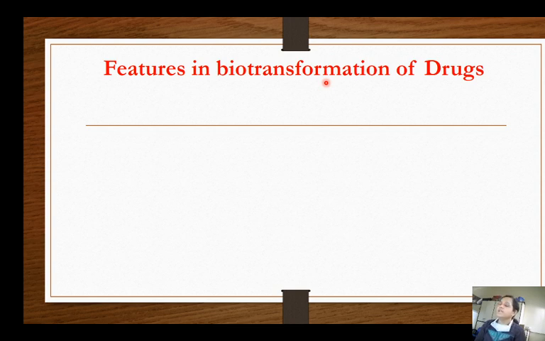Along with that, we have food containing pesticides, food grown under inorganic fertilizers, and tin containing metals. There are so many things that we consume. Now, I would specifically like to mention some of the features of biotransformation that are related to the drugs. So, when drugs undergo metabolism, we look at some different features.